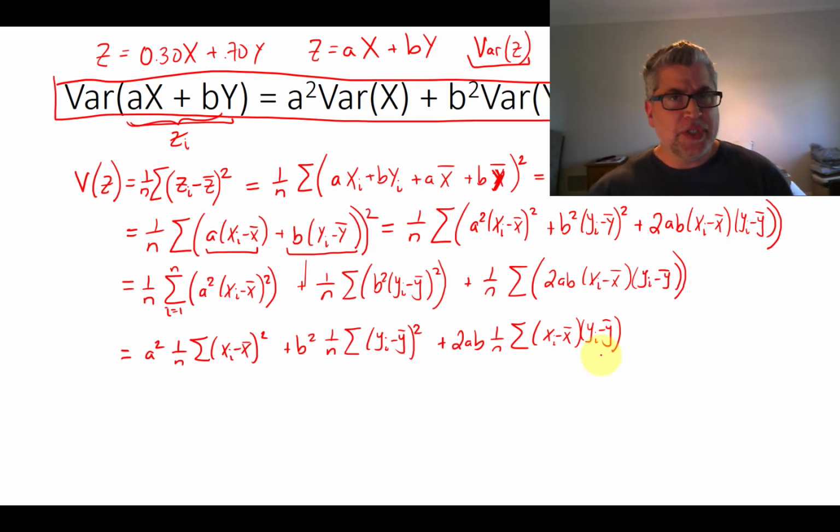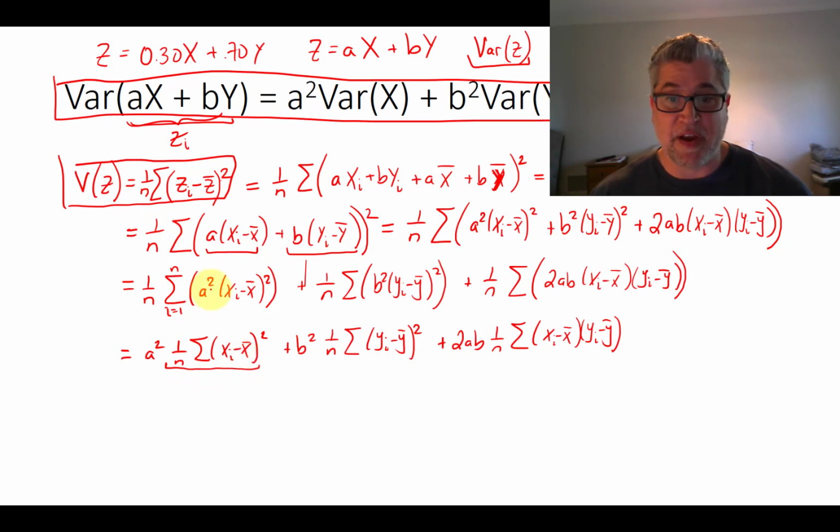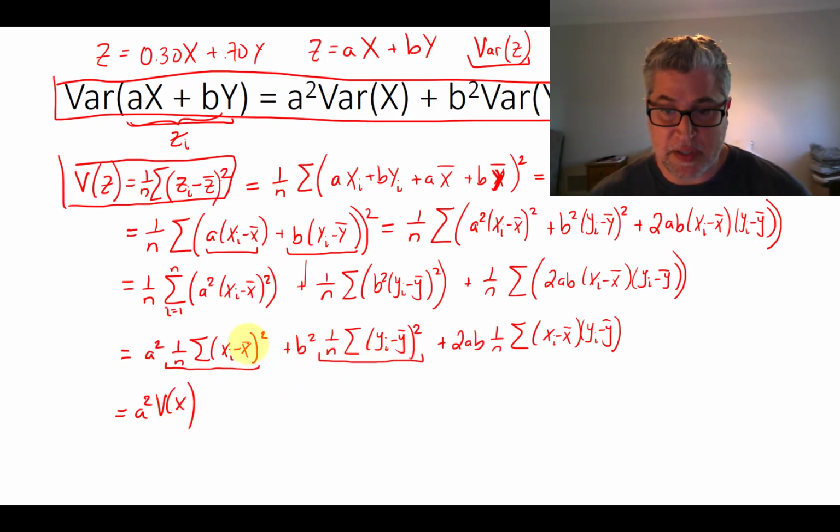Okay. Now we should notice a couple of familiar terms. As a reminder, the variance of a variable is observation minus the mean, square it, and divide by n. So this is the variance of x. And by the same token, this is the variance of y.